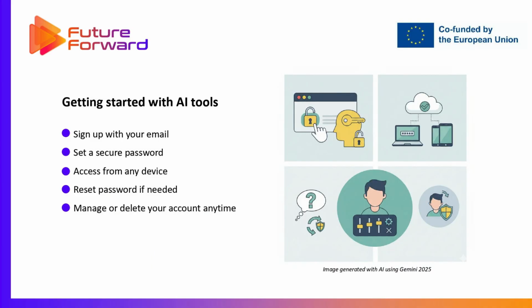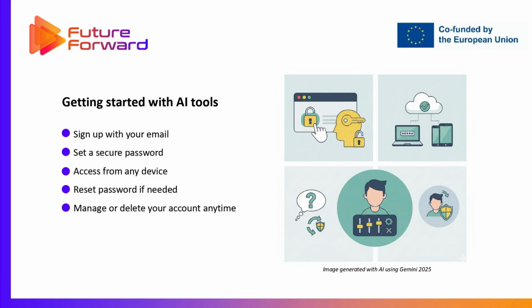To get started with AI tools such as ChatGPT or Google Gemini, you will need to create an account. The process is simple. Open the website, select Sign Up, and register using your email address. You will be asked to choose a secure password. Easy for you to remember, but difficult for others to guess. Once your account is created, you can log in from any device.